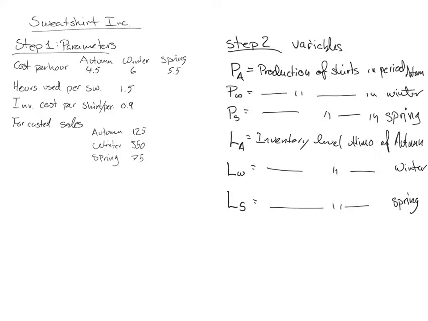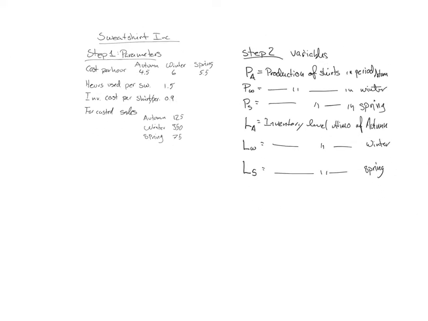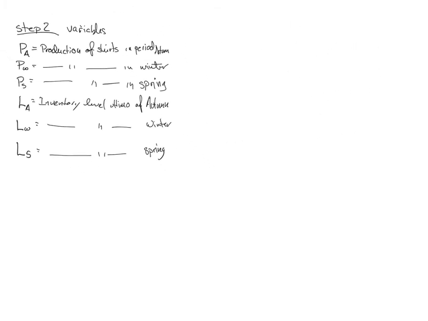Okay, so that's the variables we are gonna use in this model. Then we need to go to step 3. And that is the objective function, abbreviated like that. So we are gonna minimize the total cost incurred here.